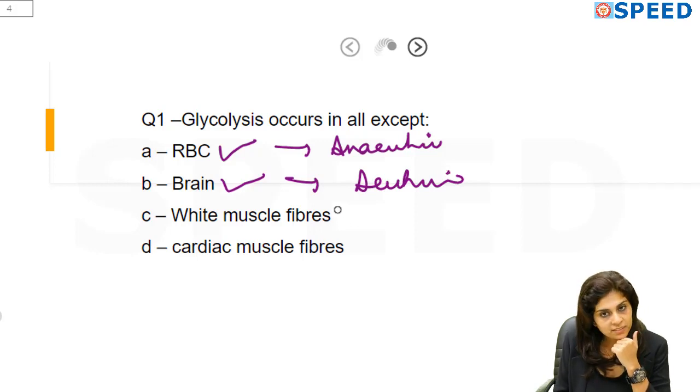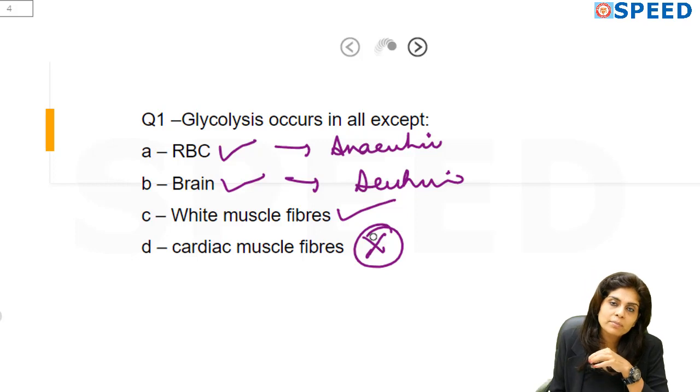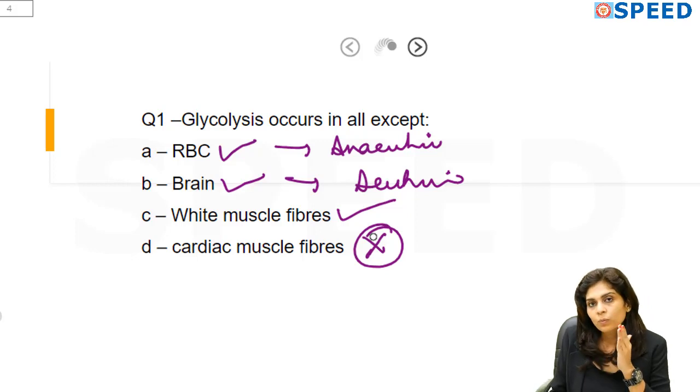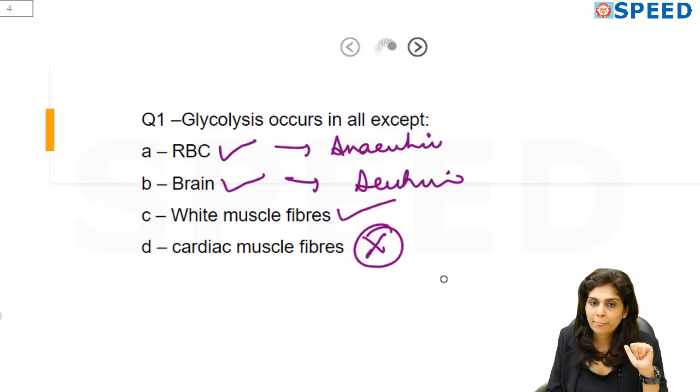White muscle fibers, yes. How about cardiac muscle fibers? Until cardiac muscle fibers are perfused and oxygenated, they use fatty acids through fatty acid oxidation. Only if for any reason there is hypoxia or hypoperfusion to cardiac muscle fibers, they switch over and start utilizing glucose anaerobically. So what is the answer to this question?